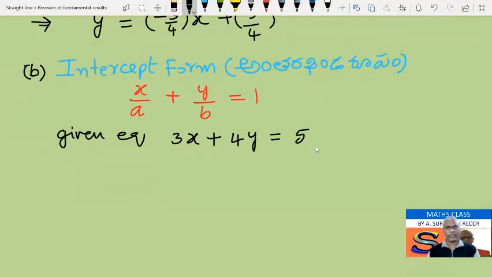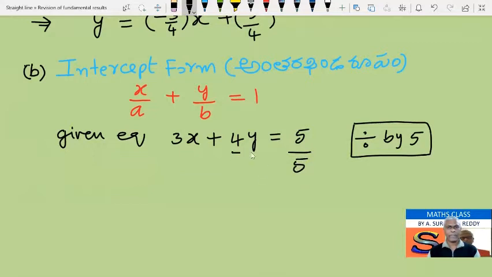So to make the right side 1, we have to divide all the terms by 5.